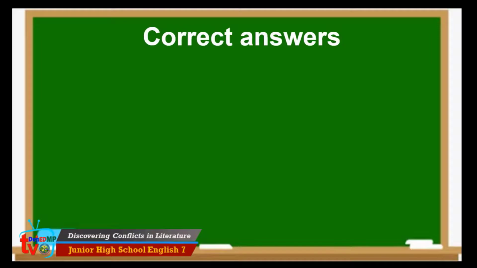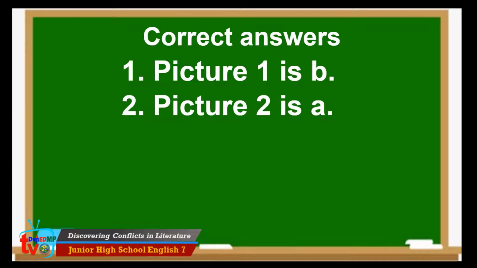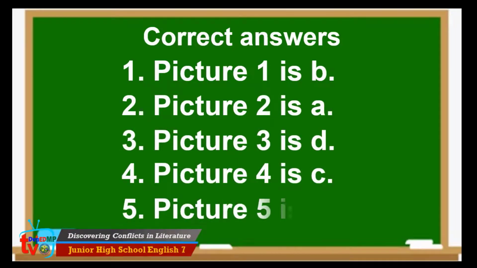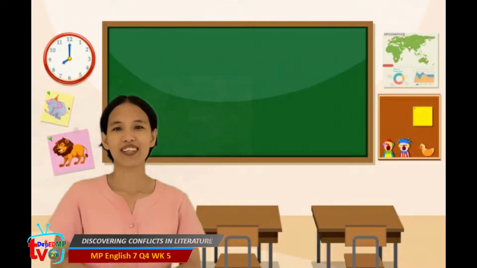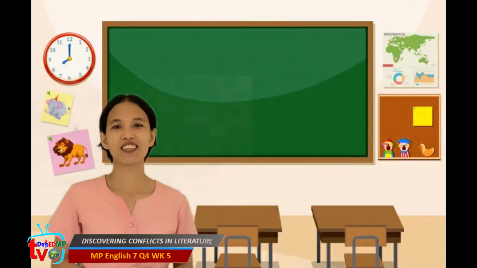Let's check the answers. 1, B, 2, A, 3, D, 4, C, 5. Well, a while back, we learned that conflict in literature can be external or internal.